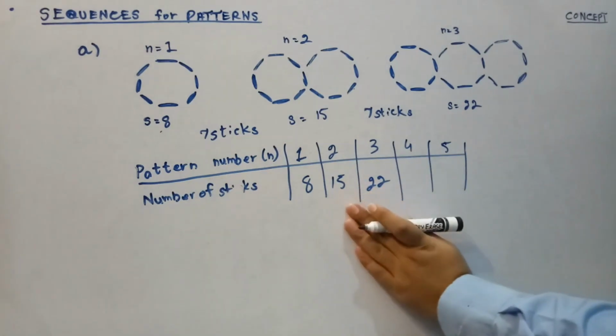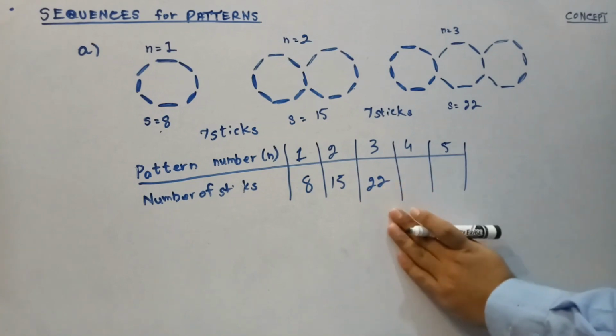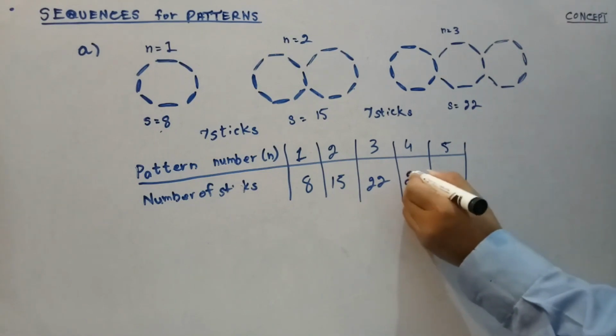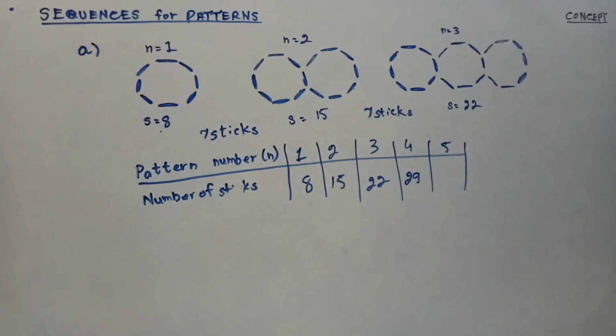If I add 7 to 15, I will get our third pattern, which has 22 sticks. Similarly, if I add 7 to 22, it will be equal to 29 sticks, which is our fourth pattern.